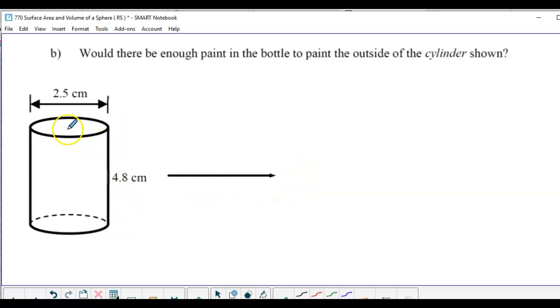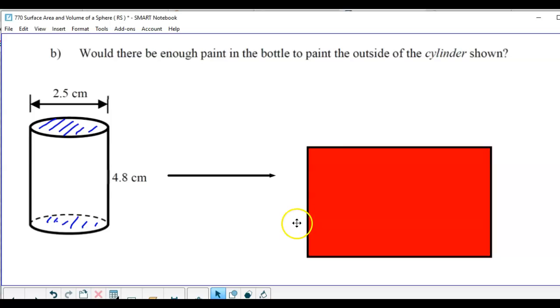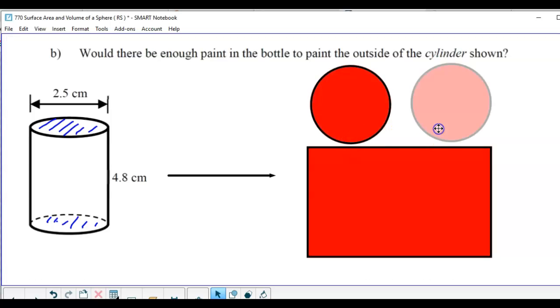cylinder? So surface area of a cylinder. Remember, you have 2 circles here, okay? And this curved face is really a rectangle. There's the rectangle, and there's the circle.